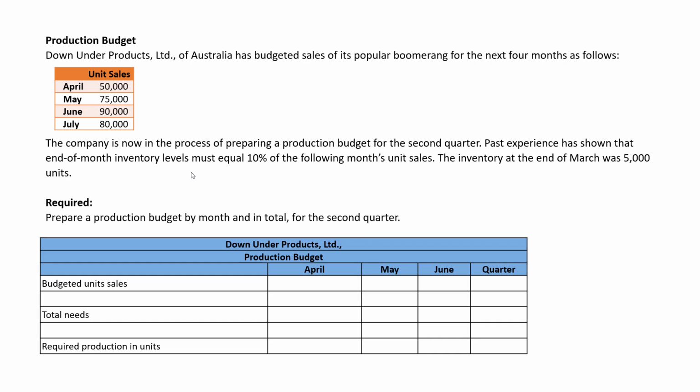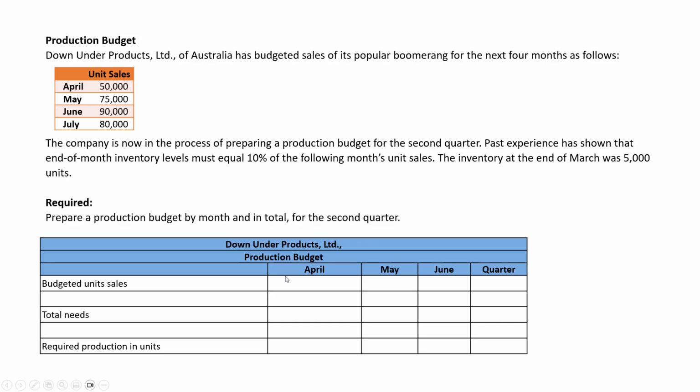Also, another main reason would be we don't want to end the month with zero inventory and customers come that first day of the next month and we have to turn them away and build up production again. We want to have a little bit of production also on hand for that next month. So two major reasons why we want to have a little buffer of inventory on hand.